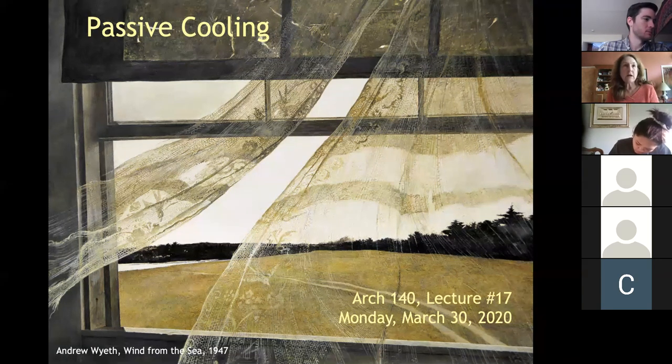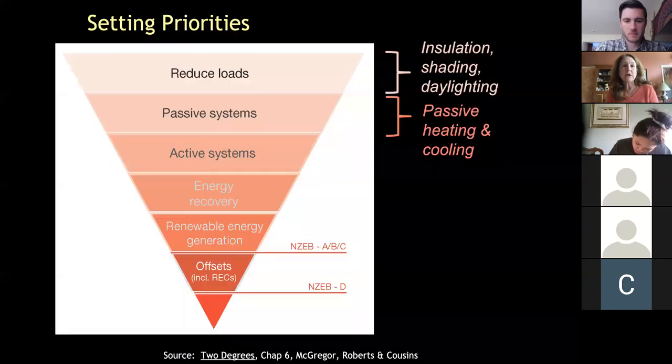So let's start by looking at something that we've seen in an earlier lecture. These are priorities for when you're trying to design for low energy or zero net energy buildings. And the first steps we've already done in the beginning of this class. This is where you want to do a good building, a good envelope, have good insulation, maybe thermal mass.